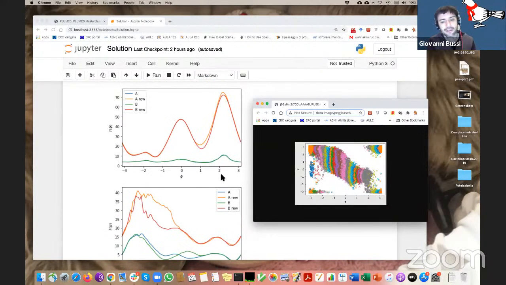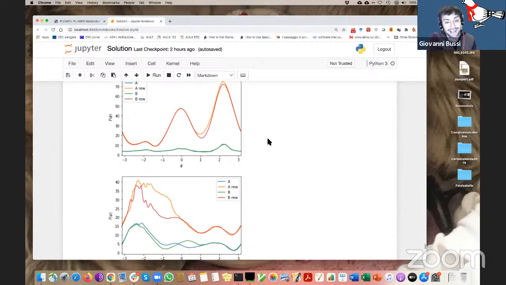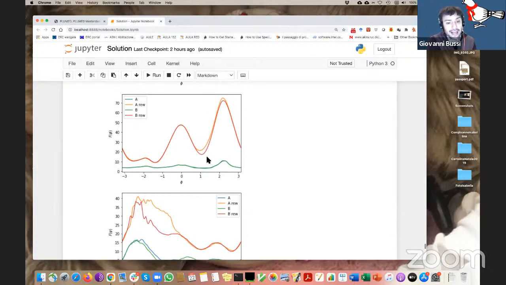As a general rule, what I expect is that if I initialize my simulation in state B, I will tend to overestimate the stability of state B. If I initialize my simulation in state A, I will tend to overestimate the stability of state A. And this is consistent with the finding here.